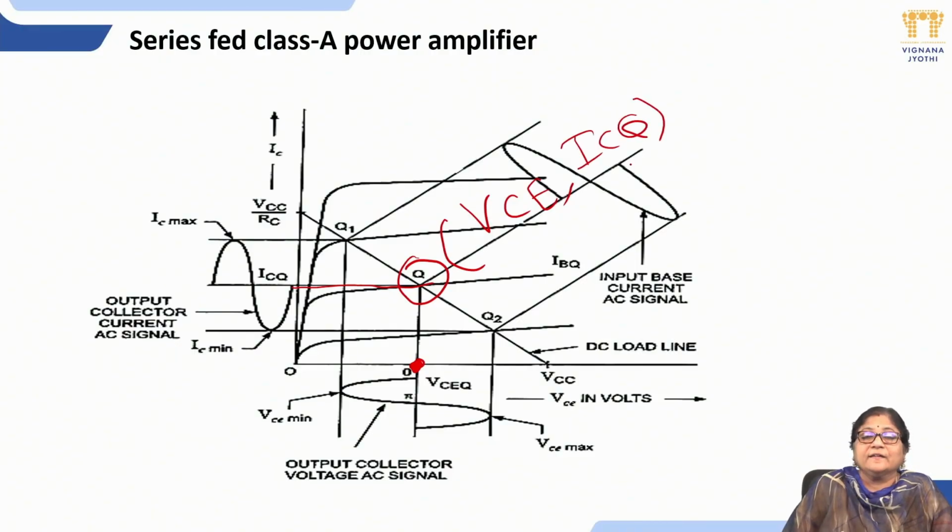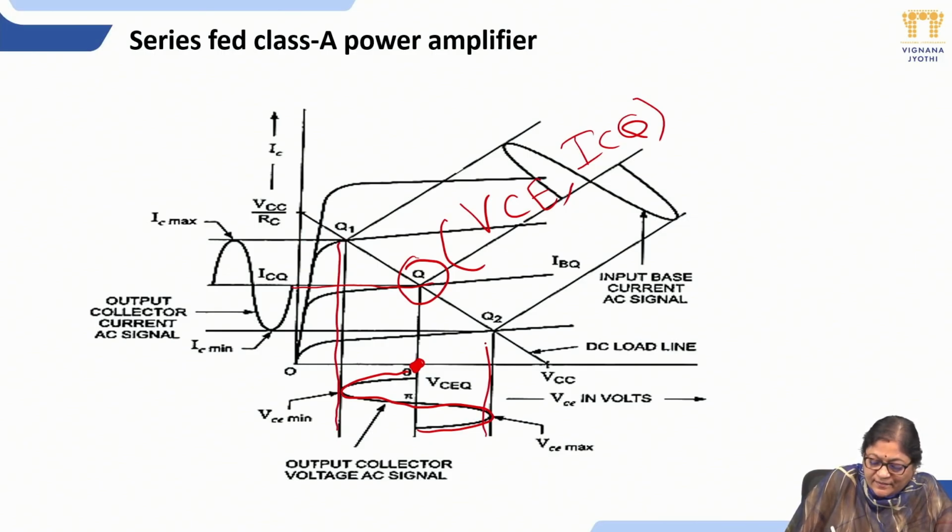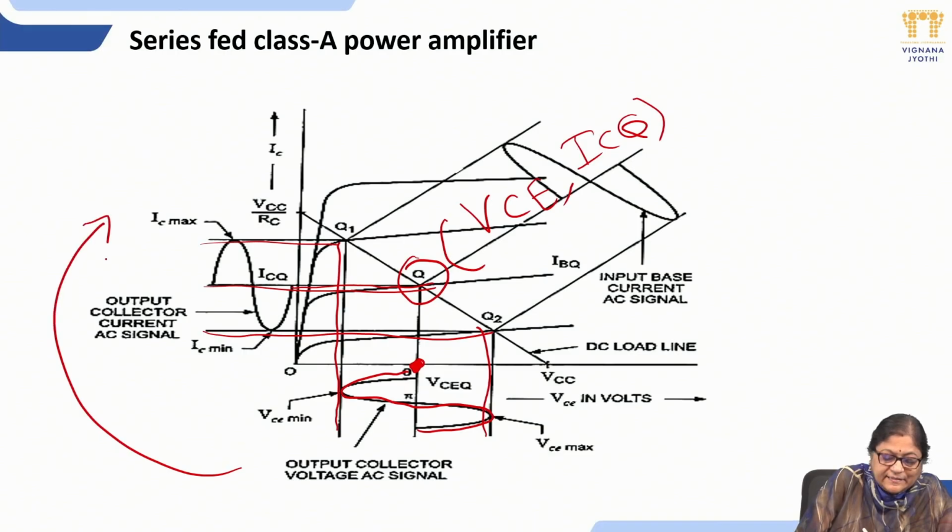Because for deriving the efficiency, we require DC power as well as AC power. Now on this load line I am providing a sinusoidal signal, because on this Q point, the DC point, we have to superimpose this AC signal. If you take this and project it on the output line based on this load line, it will appear as IC.